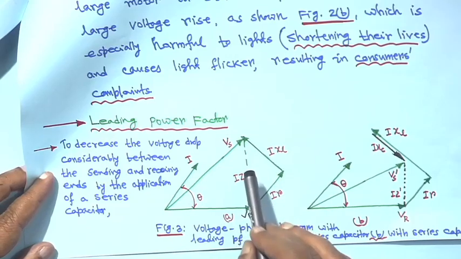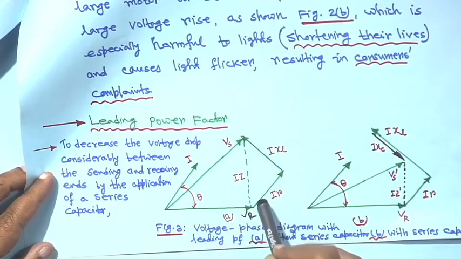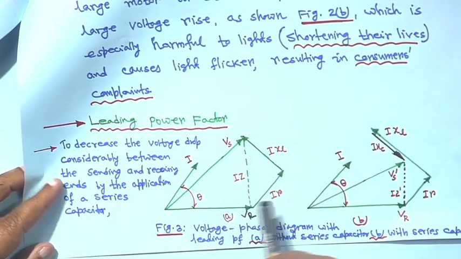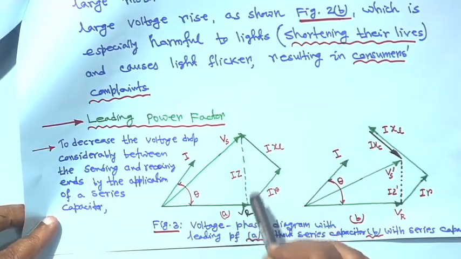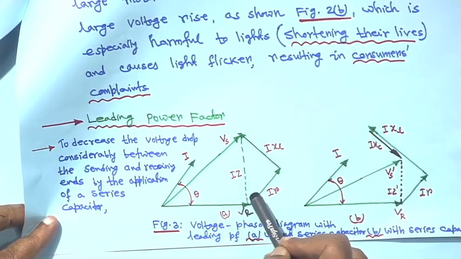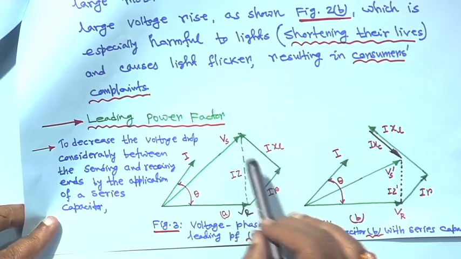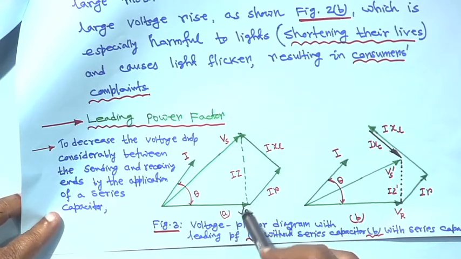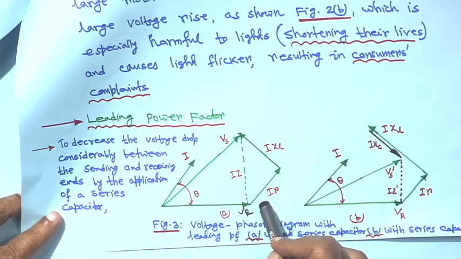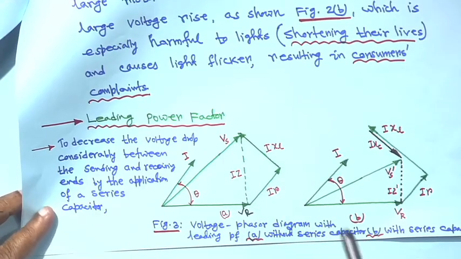In that case, Vs may be less than or greater than Vr, either way it is true. Vr also may be greater than or less than Vs.